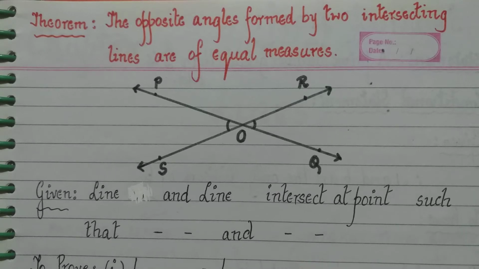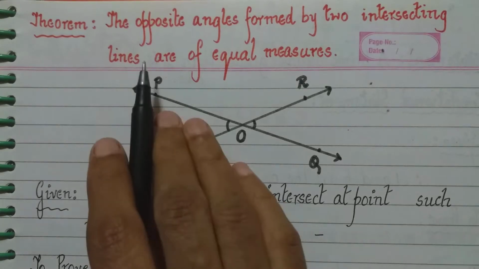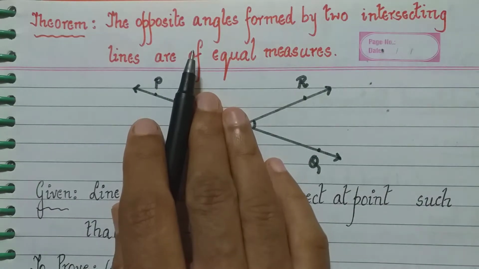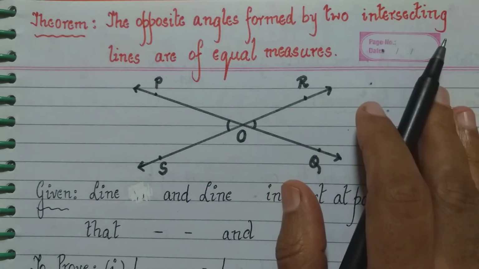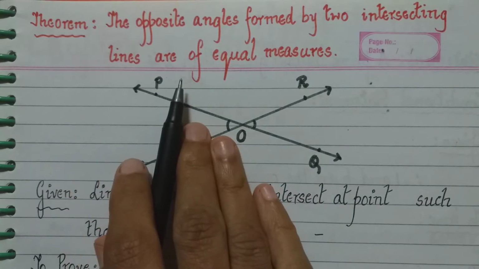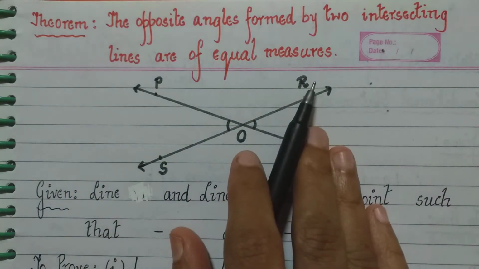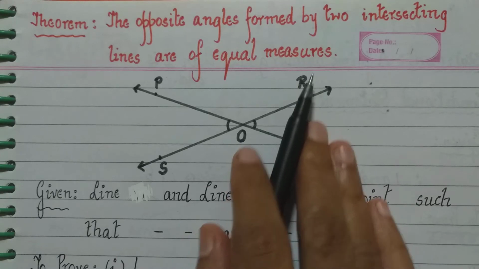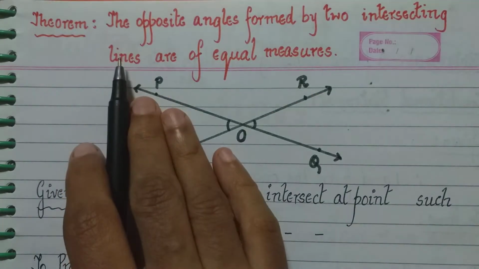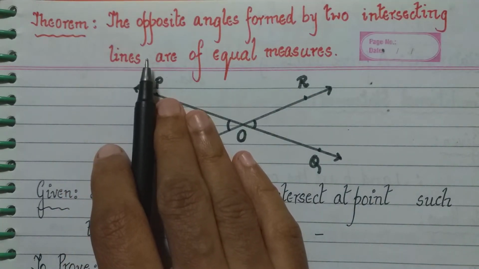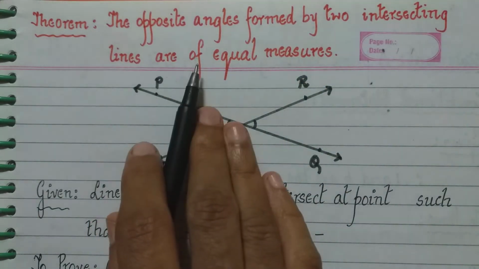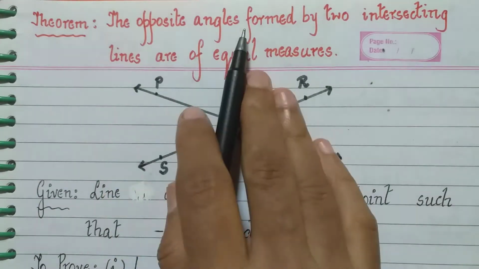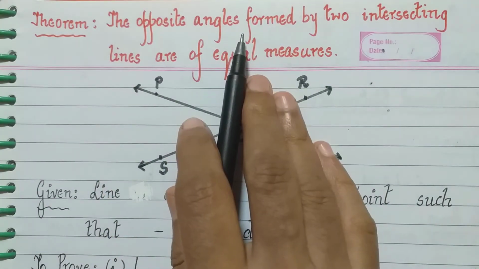Here, the statement given to us is: the opposite angles formed by two intersecting lines are of equal measures. So, there will be two intersecting lines given to us, and when these two intersecting lines are given, there are opposite angles which are formed.